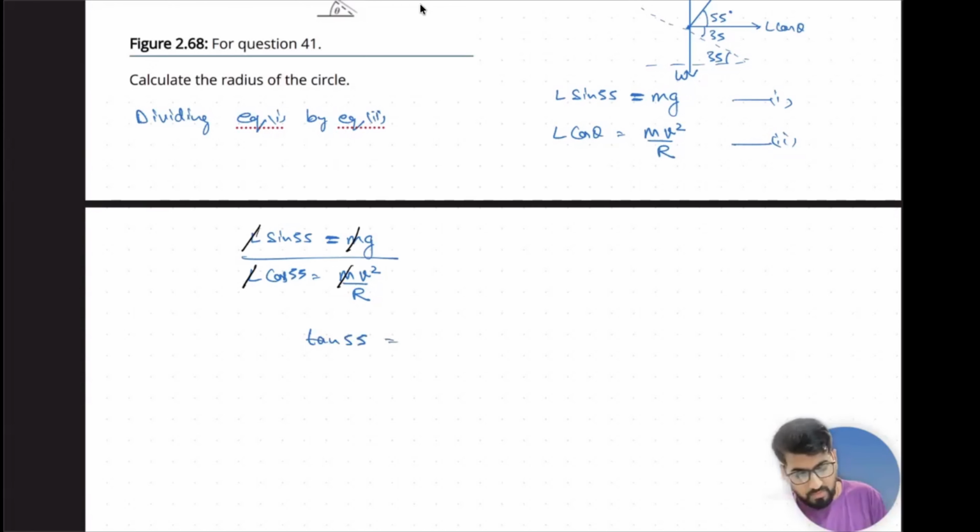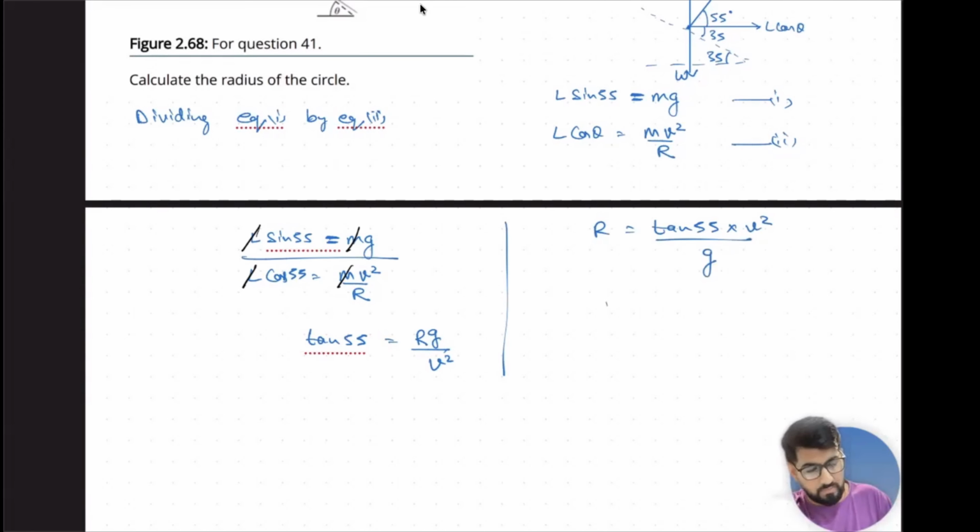And this will equal g divided by v square over r. That will go to the numerator, and from here I can say R is equal to tan 55 times V square divided by g. Once you plug in the values, you will get almost 4.7 kilometer, or 4,700 meter, roughly in two significant figures. So that's the answer.